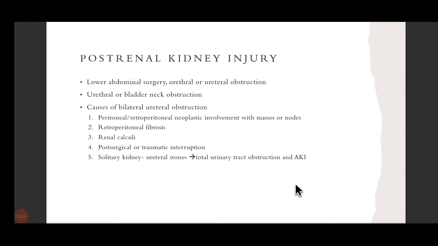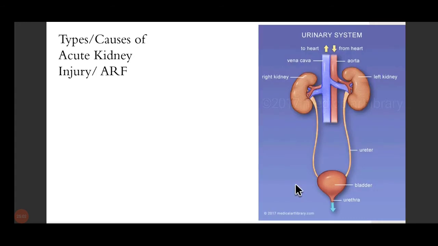If there are renal calculi in both the kidneys, they may get stuck in the ureters and obstruct distal urine flow. Or if there is any trauma, either because of a surgery or because of a trauma otherwise sustained, possibly because of an accident. In cases of a solitary kidney, if the patient has only a single kidney, the ureteral stones may result in total urinary tract obstruction and AKI.